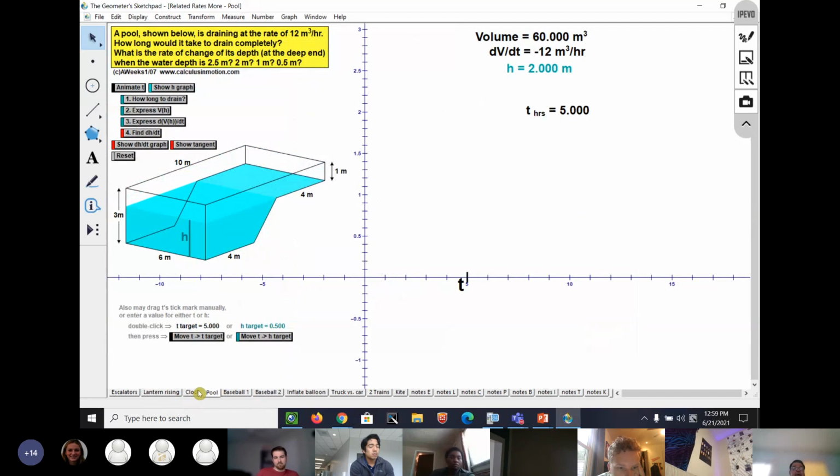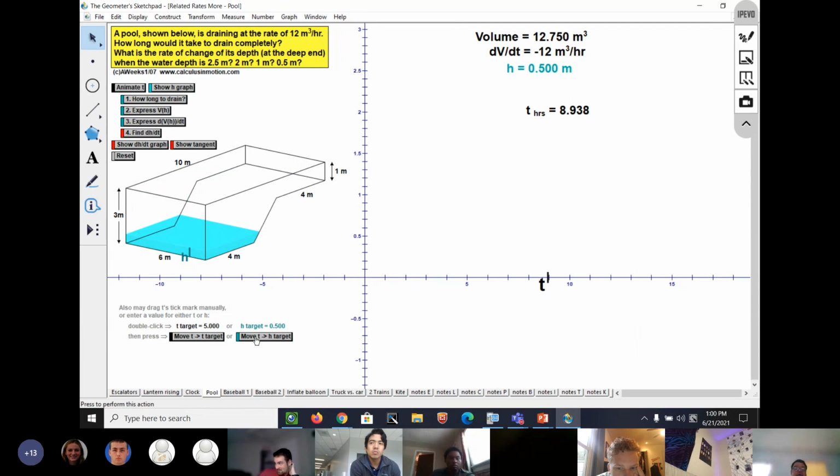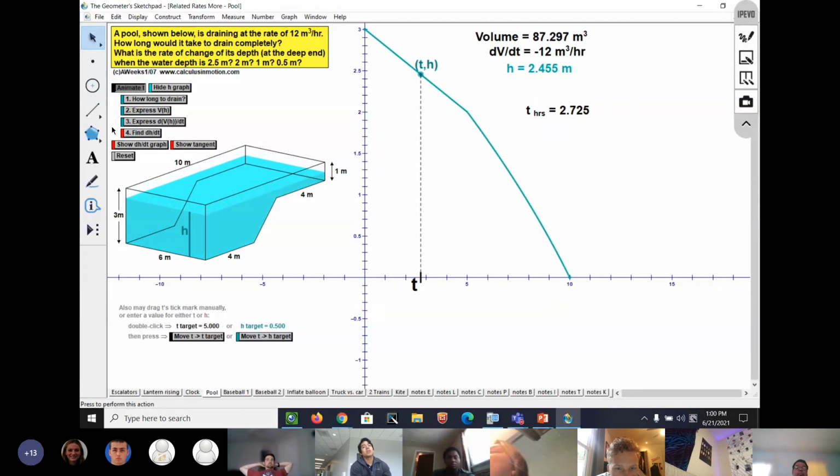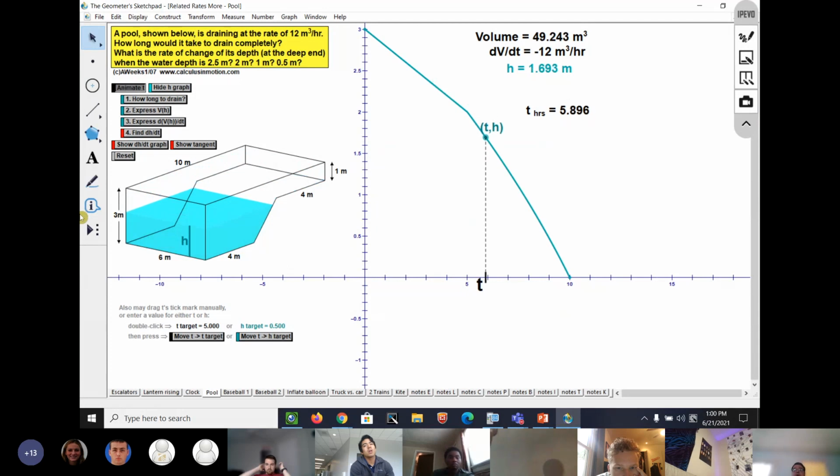Is the tank draining? You see the height is changing, and the height there as time. So in this case, T is what's changing. Your height is changing as time changes. There we go. There's your related rate.